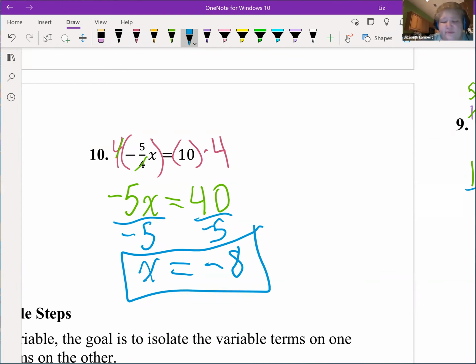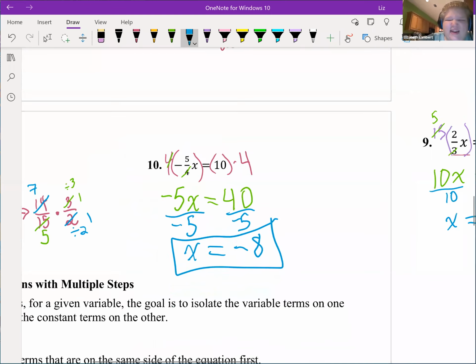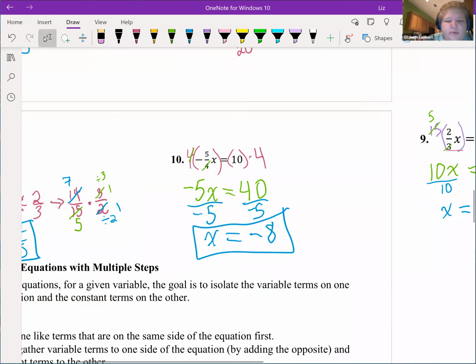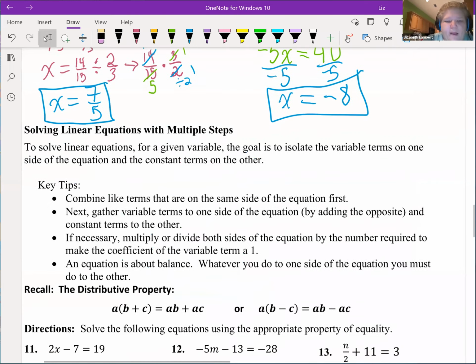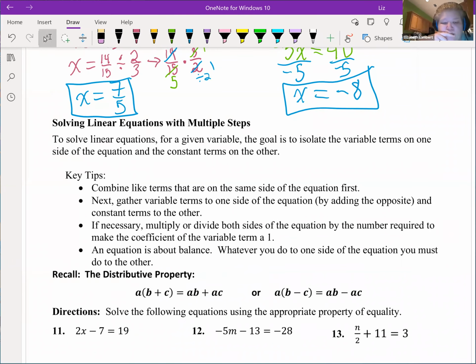It can happen, but the negative number has to have some meaning in the problem. Okay. So now we have big fancy tips for solving multi-step linear equations. I'm gonna stop this one and then we'll start that next one.